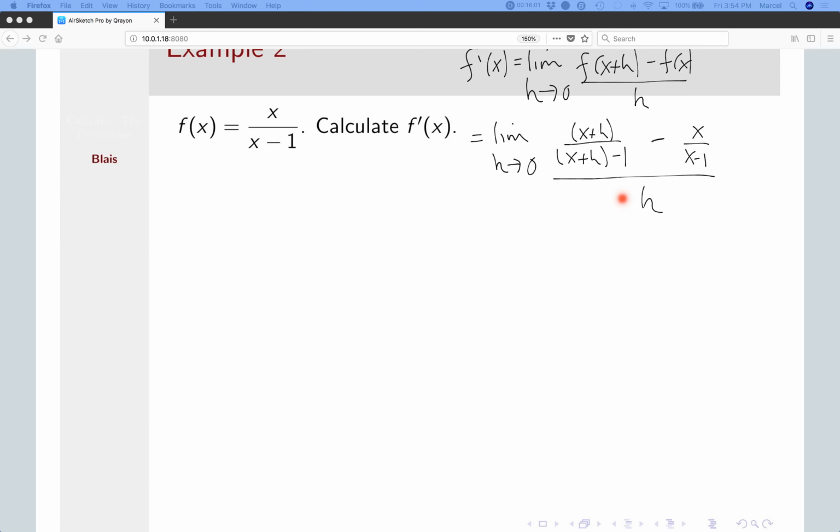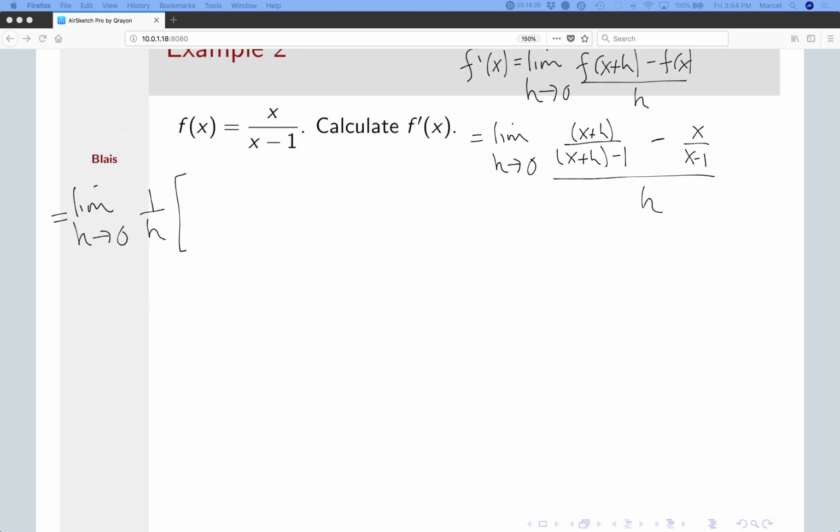And then we work through the details to simplify this difference quotient and then evaluate the limit. So we have the limit as h goes to 0. Oftentimes I prefer, instead of dividing by h, we can multiply this numerator by 1 over h. So we have 1 over h times.